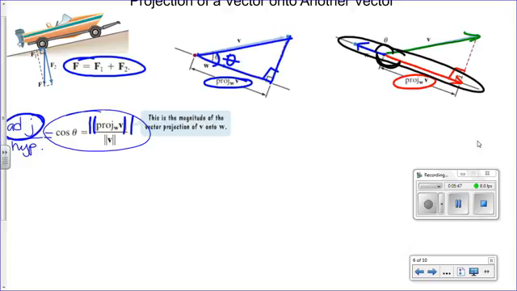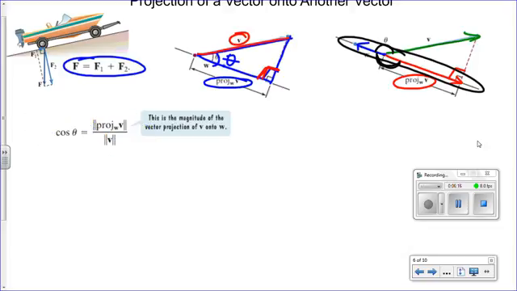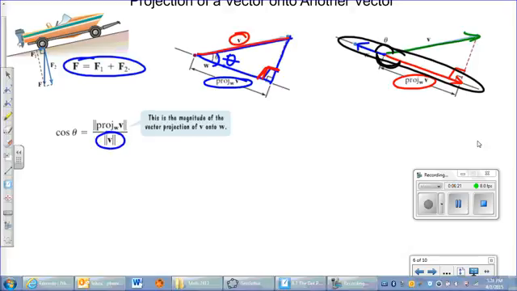Now for the hypotenuse, you can see very clearly that it is the side opposite to the 90-degree angle, so that happens to be vector V. Again, we want the length of it, so we use the magnitude of vector V. Going back to this formula, we're going to multiply by the magnitude of V, in other words, move the magnitude of V to the other side.